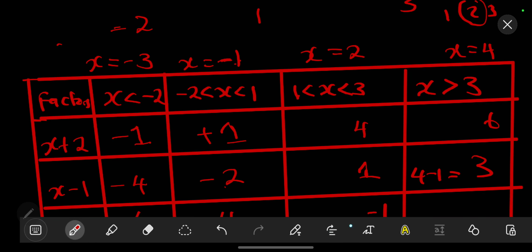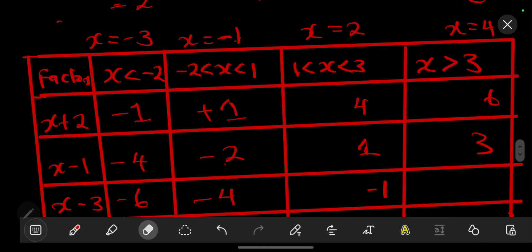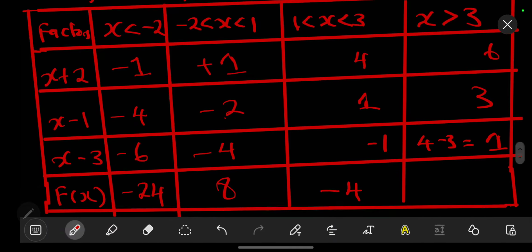So we write a 3, like that. Then we have a 4. When we put it here, we have a 4 minus 3. This will be equal to positive 1. Then we are going to multiply. So multiplying 6 times 3 times 1, this will give us a value of 18 like that.